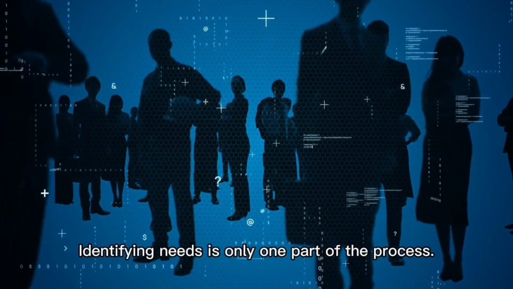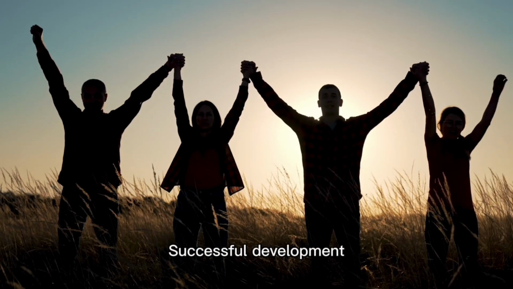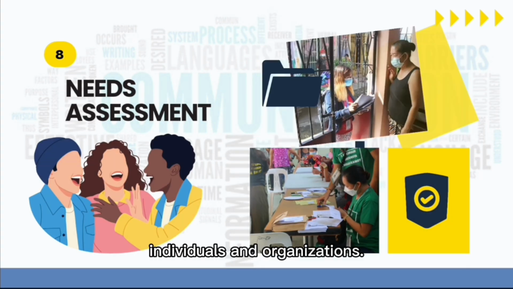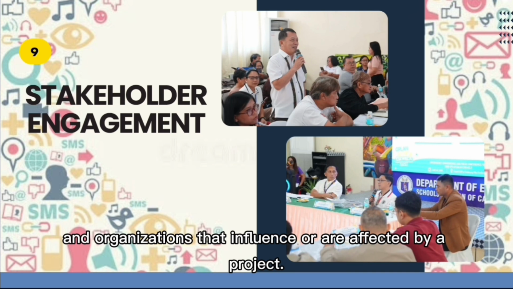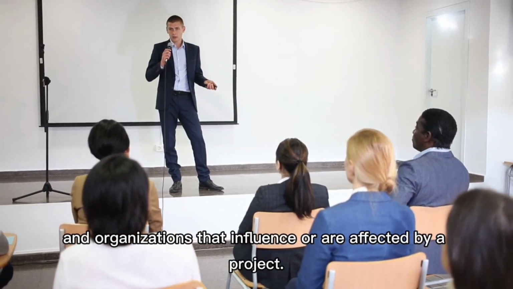Identifying needs is only one part of the process. Successful development also requires the involvement of key individuals and organizations. Stakeholder engagement involves working with individuals, groups, and organizations that influence or are affected by a project.